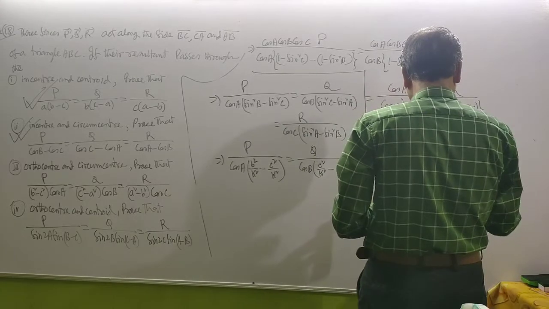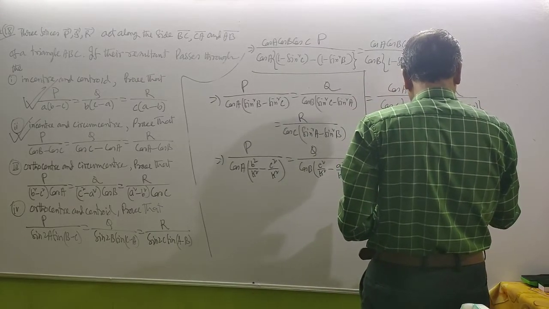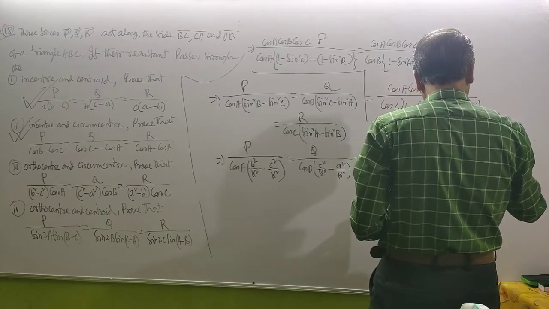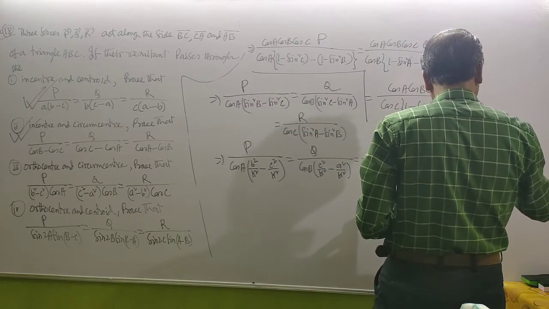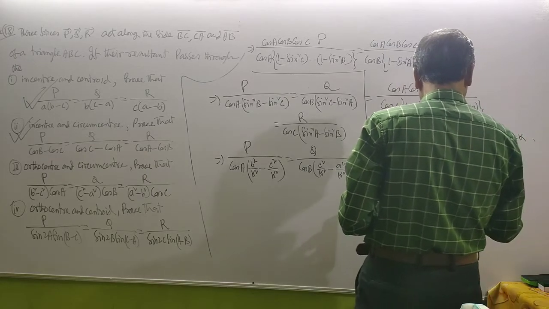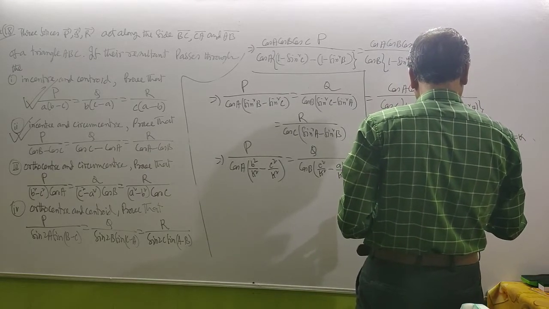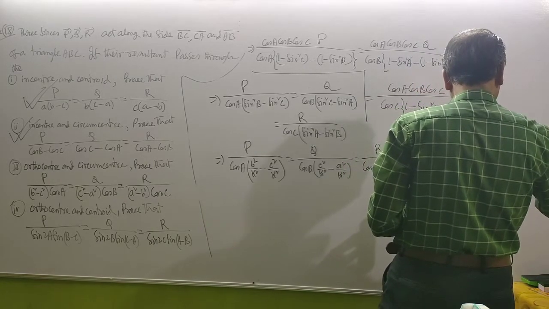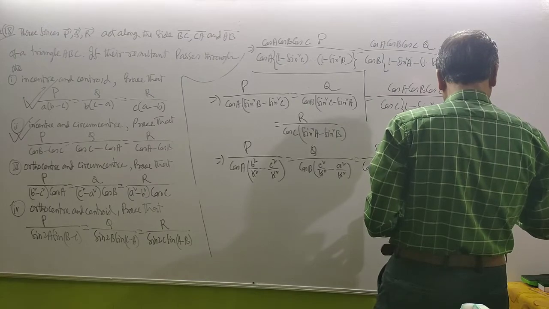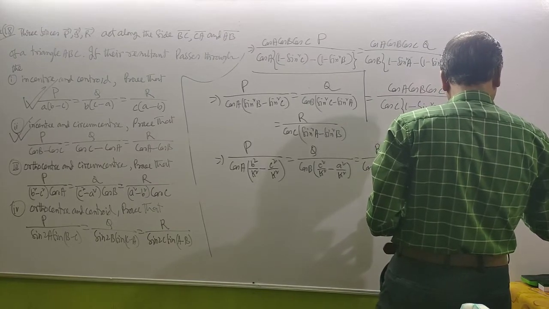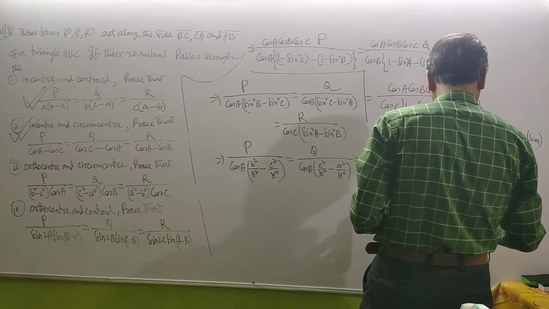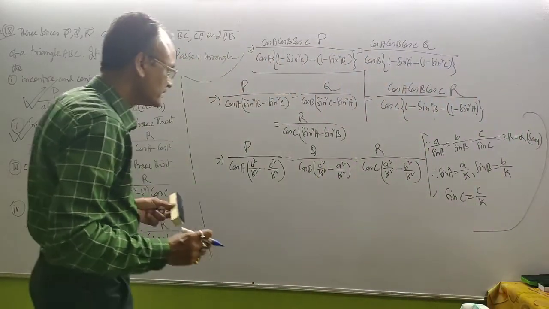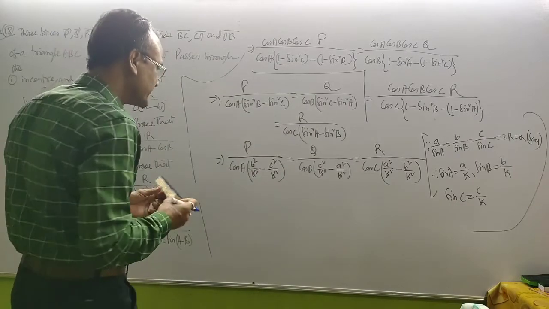Since a by sin A equal to b by sin B equal to c by sin C equal to twice R equal to k, therefore sin A should be equal to a by k, sin B equal to b by k, and also sin C is equal to c by k. We have used that. Now k square will be cancelled.